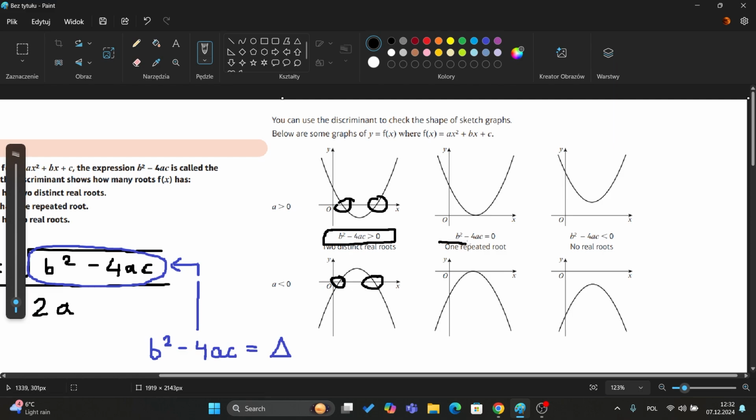We have one repeated root when b squared minus 4ac is equal to 0, because there is only one point touching, so there is one equal root repeated. And here we have no real roots when b squared minus 4ac is smaller than 0, because there is no point where the graph is touching.